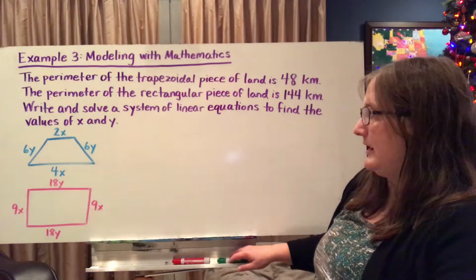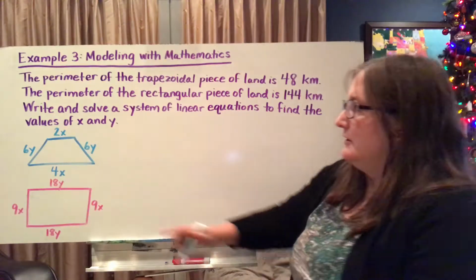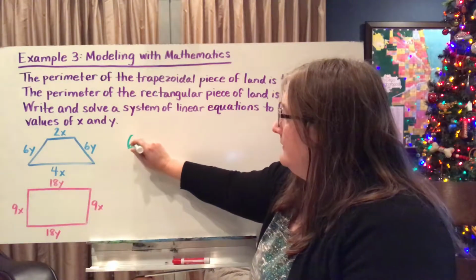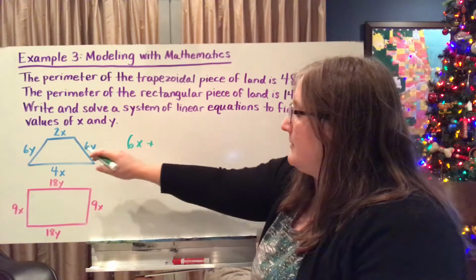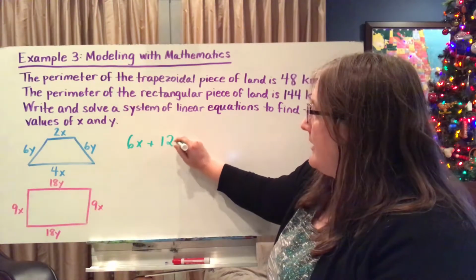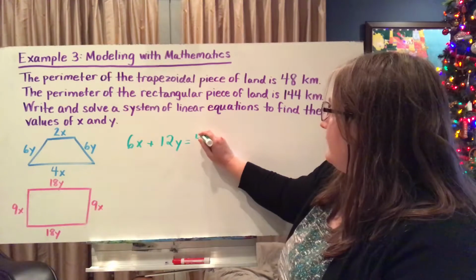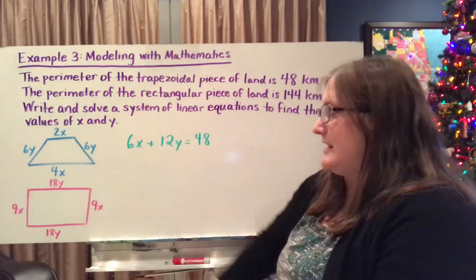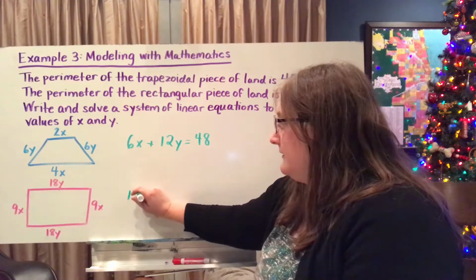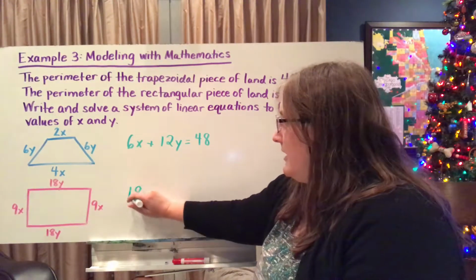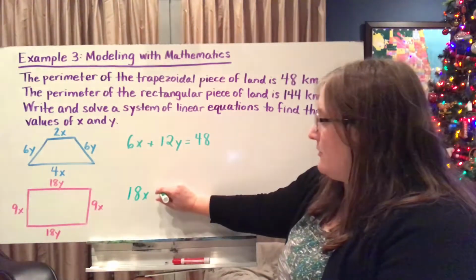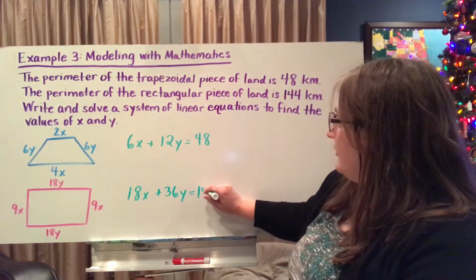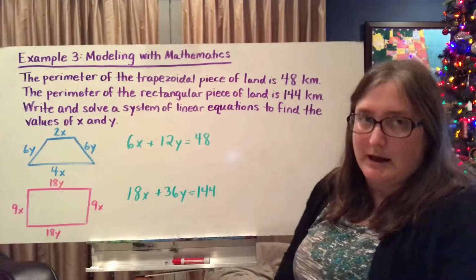So in this first one, I can see that I've got 2x and 4x, so 6x, and I've got 6y and 6y, or 12y, and my perimeter here is 48. For my rectangular piece of land, I've got 9x and 9x, or 18x, and I've got 18y and 18y, or 36y, and it equals a grand total of 144 kilometers.